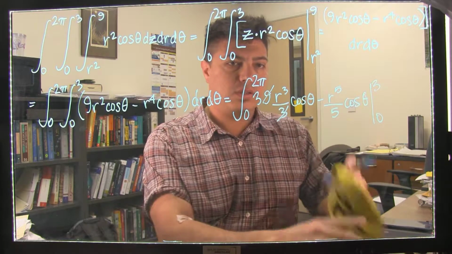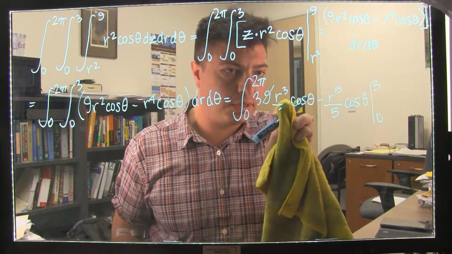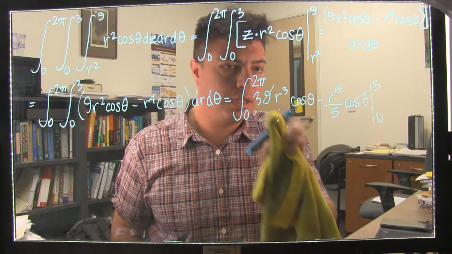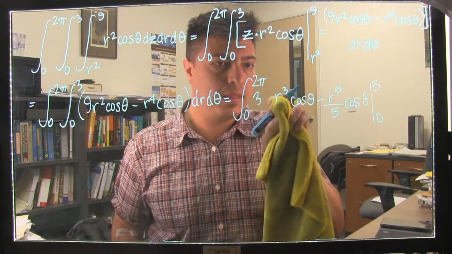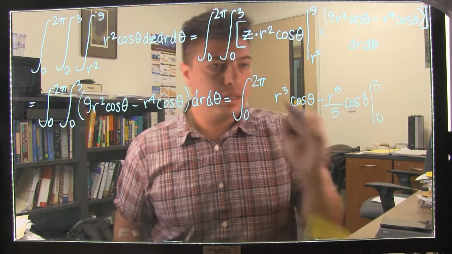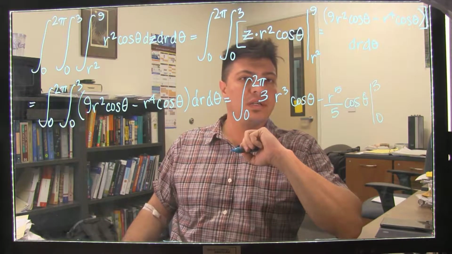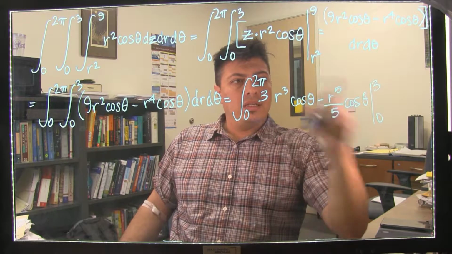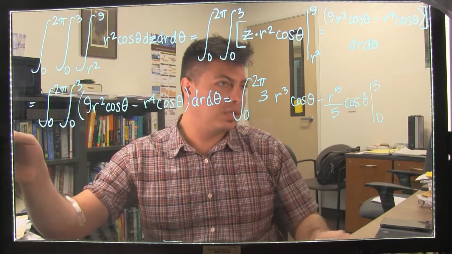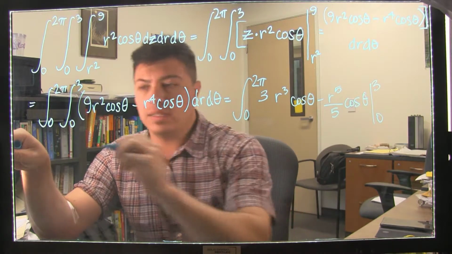I'm just going to rewrite this real quick to make it a little neater. You get the idea there. You got a 3 on the bottom, it cancels with the 9. And we're left with a 3r cubed cosine theta minus r to the 5th over 5 cosine theta. Now let's use our limits here to calculate that.